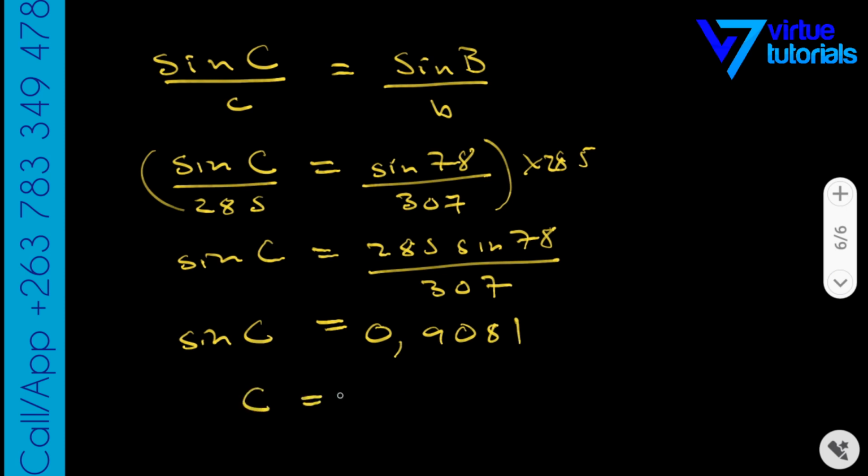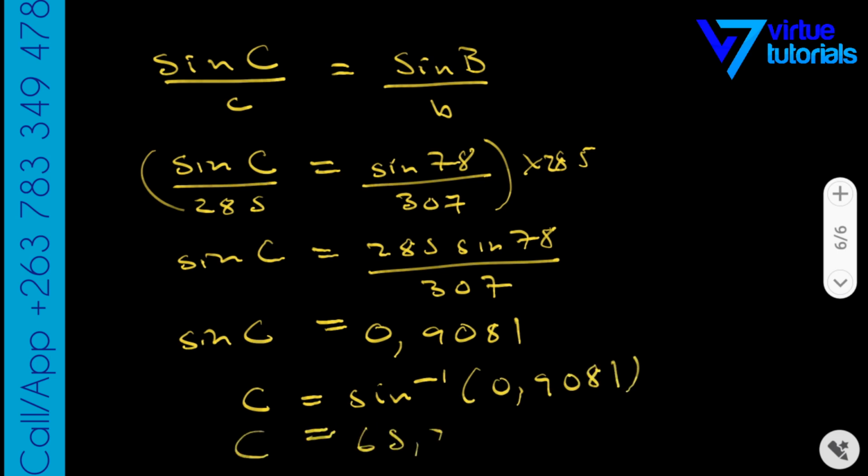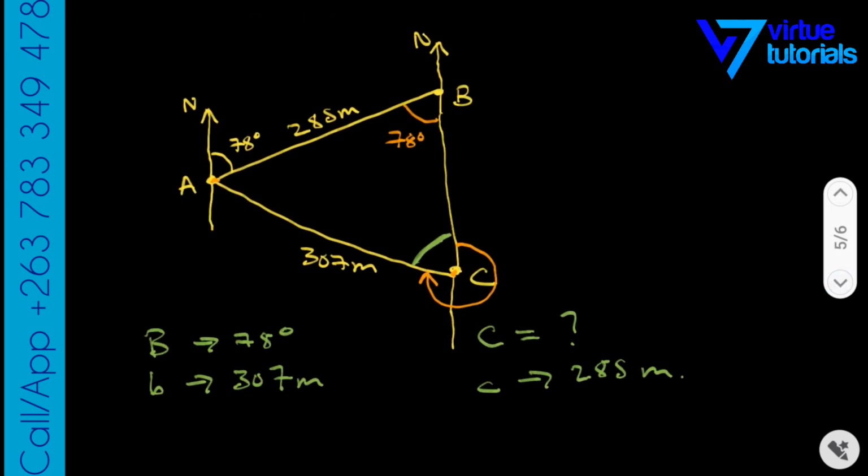And then C will be equal to arc sine of that 0.9081. So the angle C is going to be 65.2 degrees, which is roughly just 65 degrees. So we know this is now 65 degrees.